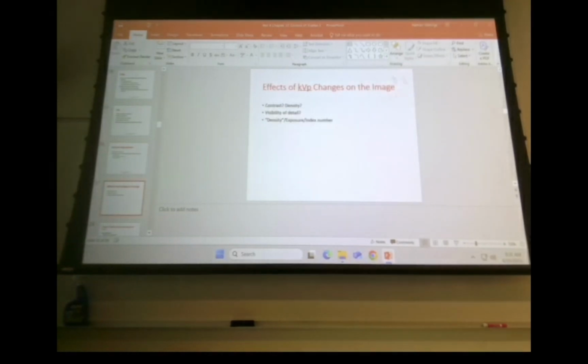All right, so the effects of kVp changes on the image, contrast and density. We did this again in the last section, and it really doesn't have all that much of an effect, except for whenever you have a really thick patient.